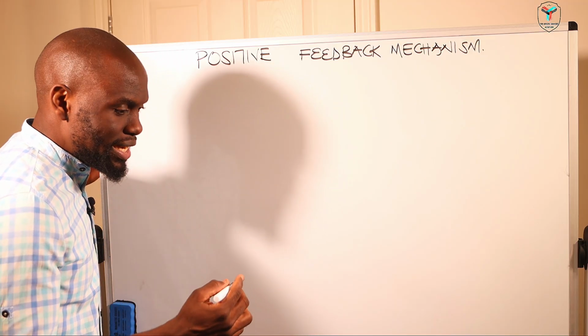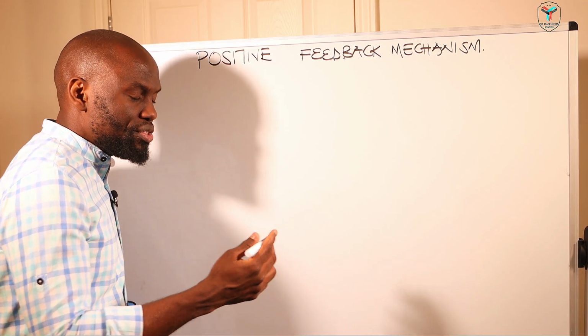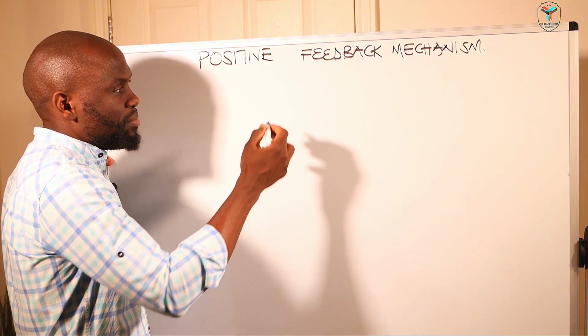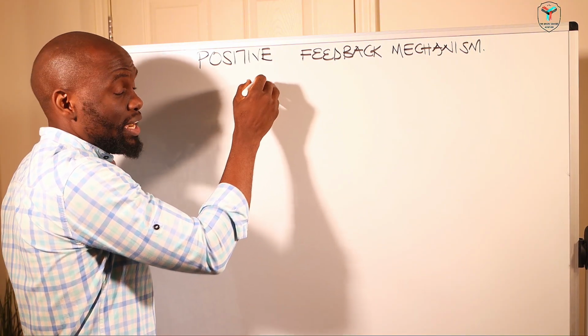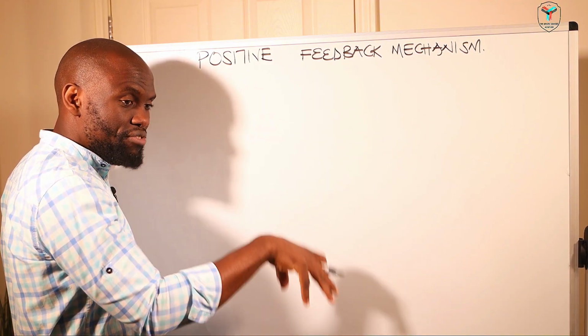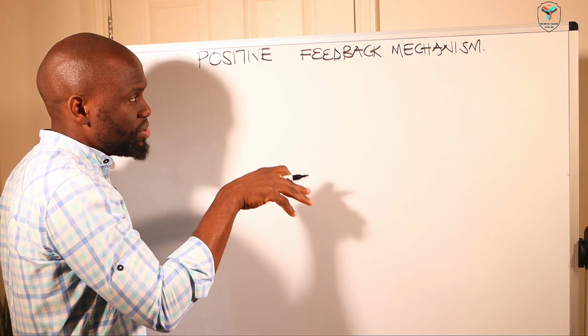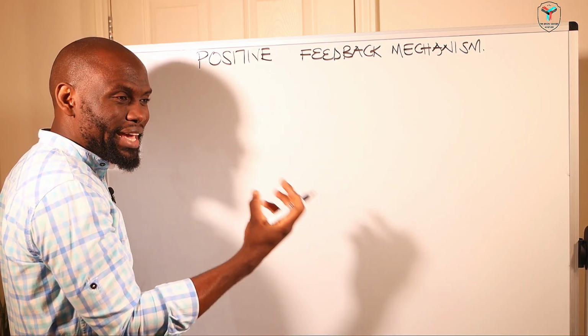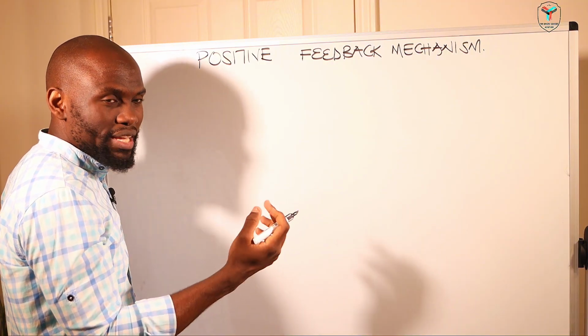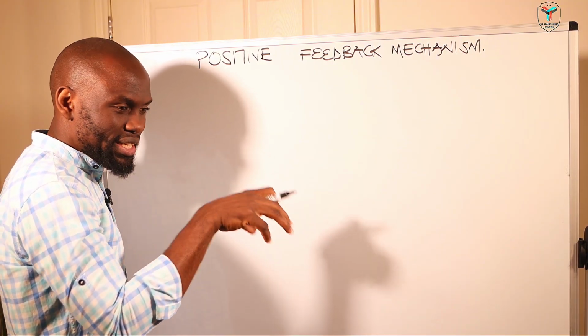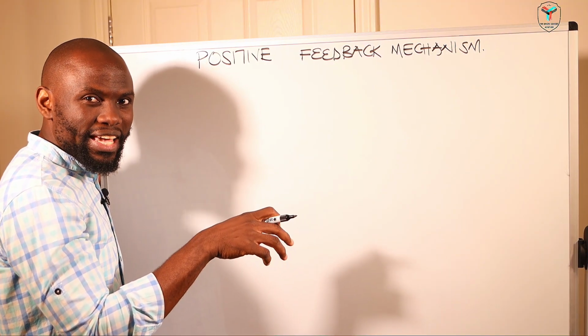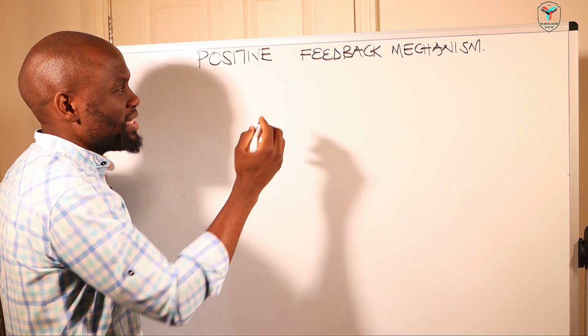Around the third trimester of pregnancy, the fetus engages further into the lower portion of the uterus and applies pressure on the cervix. That pressure exerted on the cervix is the stimulus here.